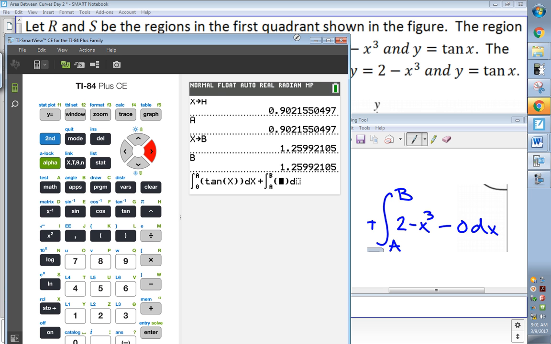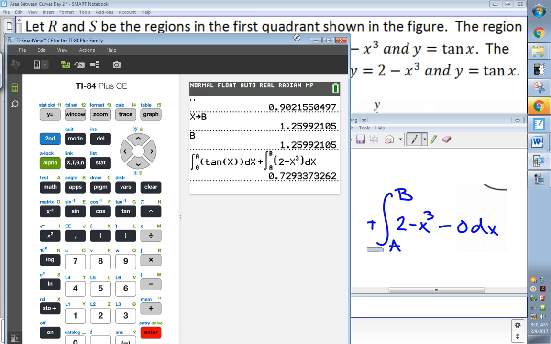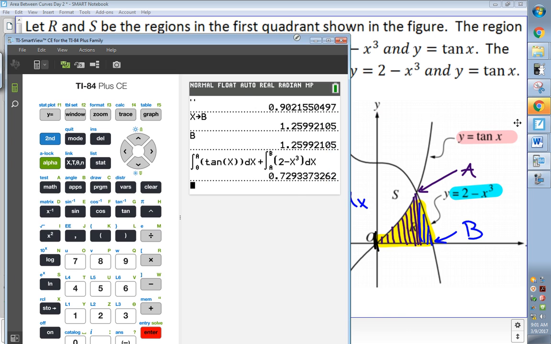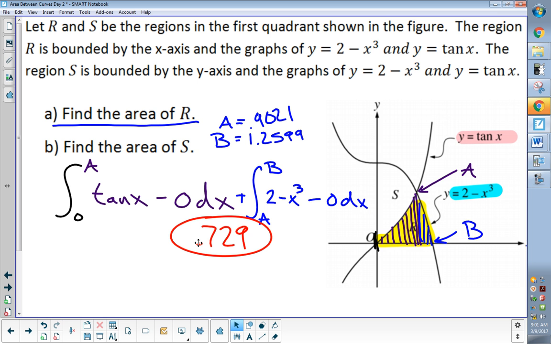Okay, so I can just type in 2 minus x cubed if you want, or you could type in y sub 2 dx. Type it in, hit enter. 0.729. That's the answer to question A.